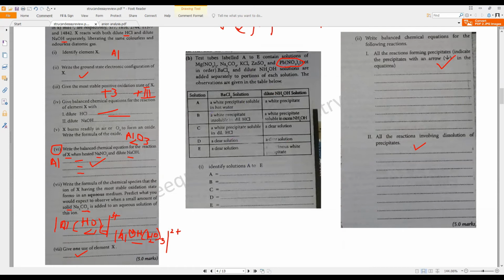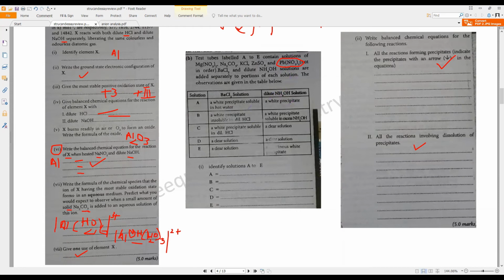Why? Because when you have barium chloride plus lead nitrate, there will be the precipitate lead chloride, PbCl2, plus barium nitrate. That is the reaction. And when you add ammonium hydroxide, lead will form lead hydroxide, Pb(OH)2. That is the normal precipitate, and ammonium nitrate is formed. Then you can balance the reaction as well.